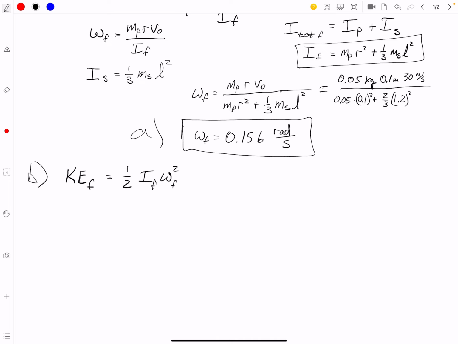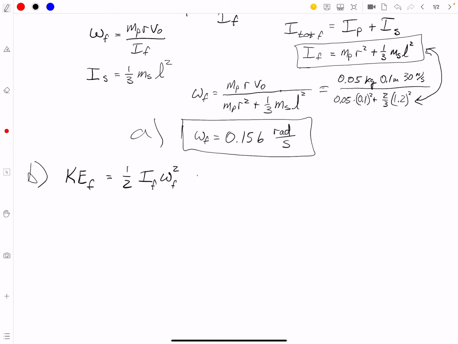What's convenient is, if you look right here, that's our I final. So we can take that and use that as a number. But here's the thing. Omega was a part of I final. I don't know if we want to do that or not. There's a bunch of ways you could do this mathematically, but I guess we've already got it.